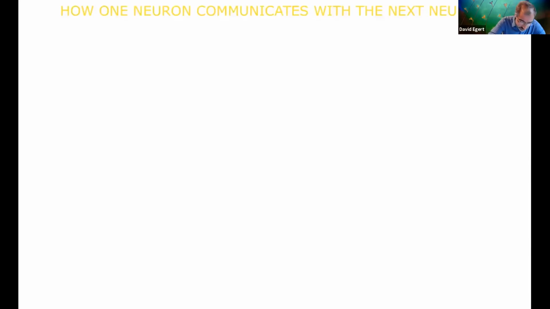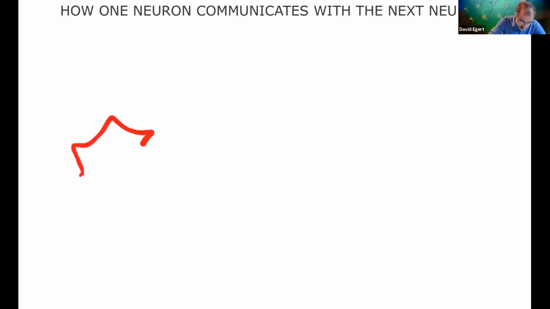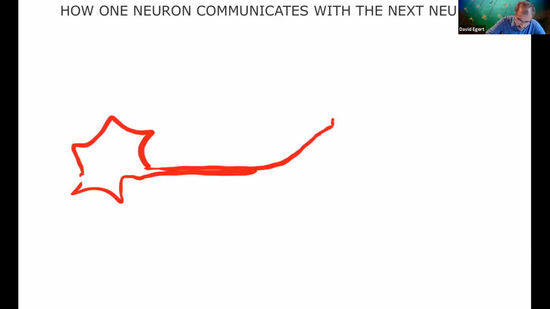So let's say I have this neuron here, my little boutons with its dendrites.